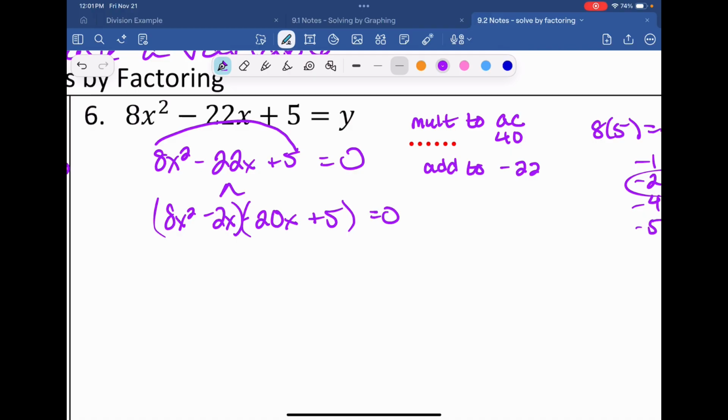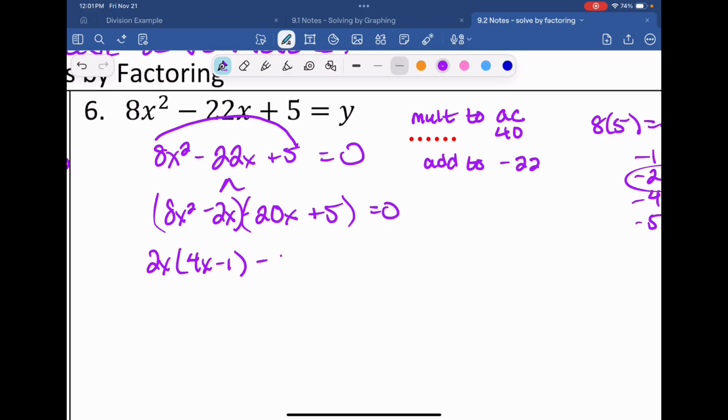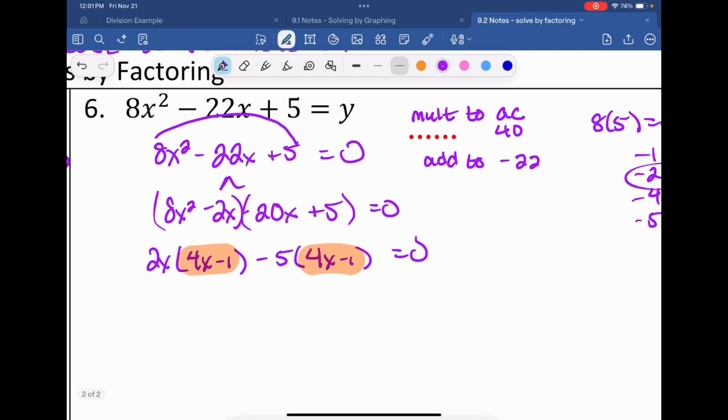Group, sorry, and then GCF. GCF for the first group, 2x. GCF for the second group, and negative. Negative. Common binomial. Whatever is left.